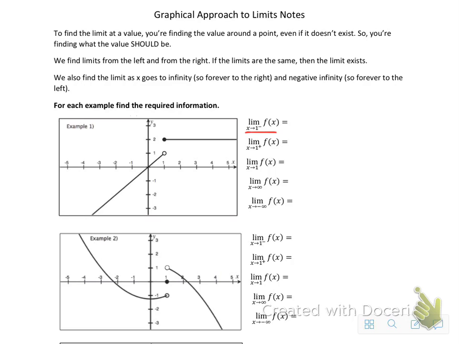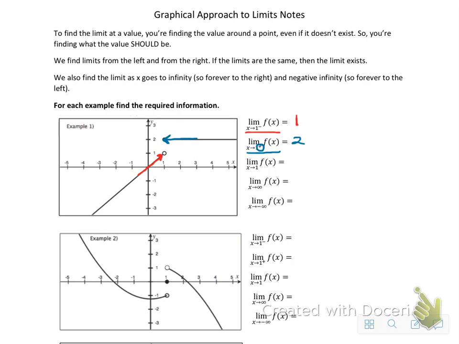Okay, so for this first one, I'm going to look at x is 1 from the left. So as we go toward 1, it gets closer and closer and closer to the y value 1. So the y value would be 1. Now, this plus right there means that we're finding it from the right. So I'm going to follow the graph, and as it gets closer and closer to 1, it's still at the value of 2.